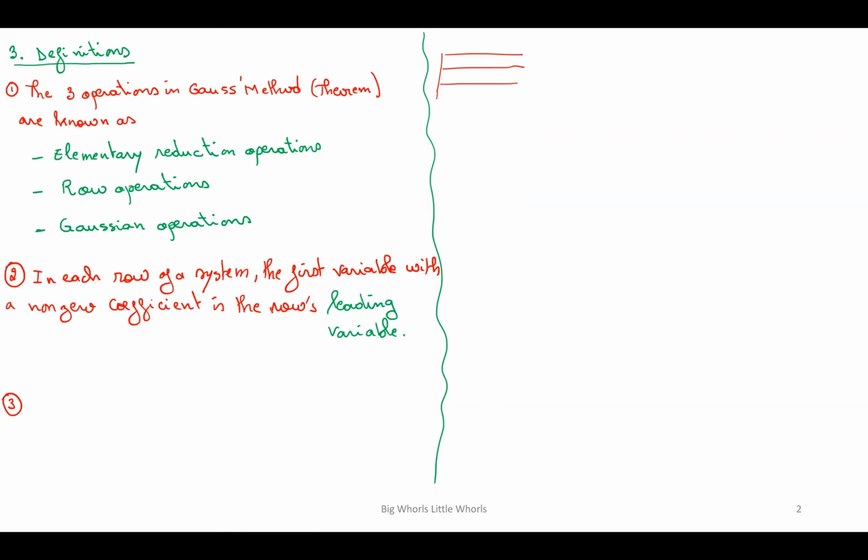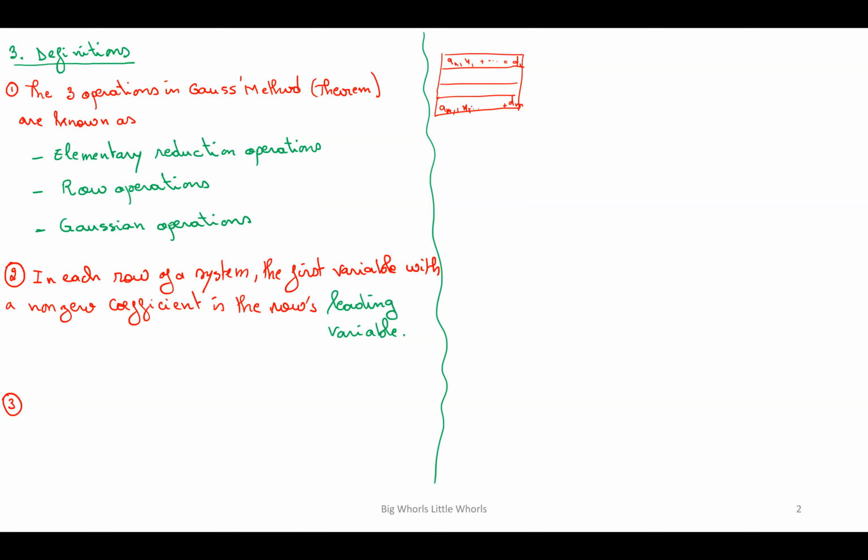Let's say we have a linear system of equations like this. We have equation 1, a11 x1 plus, blah blah blah, equals d1, until we have am1 x1 blah blah blah, dn.